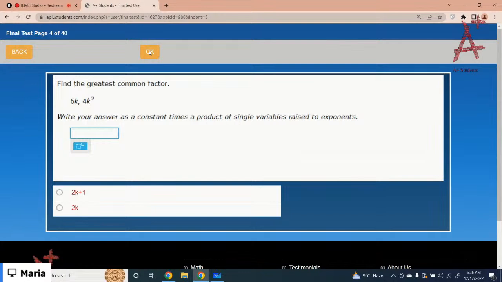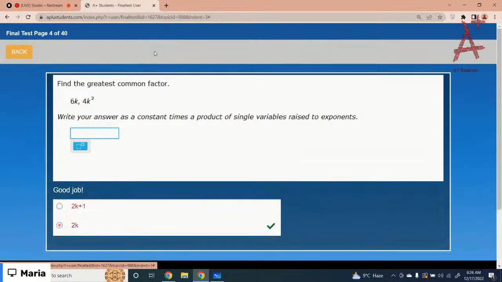So which one is it? It would be the second option. 2k is the correct option. You can divide both 6k and 4k cube by 2k. Just select the correct option, then click on the OK button.